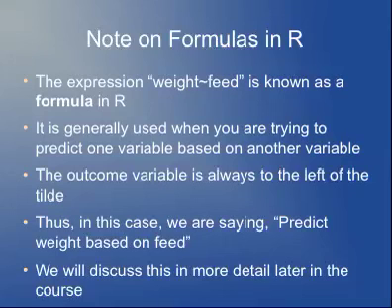It's basically saying, I want to try to predict the weight of these chickens based on which feed they're getting. And so R says, okay, you want to predict weight based on feed, so I'll do a boxplot separately for each feed category.